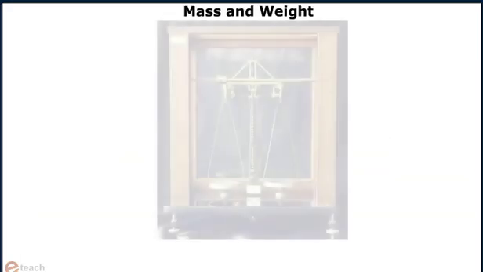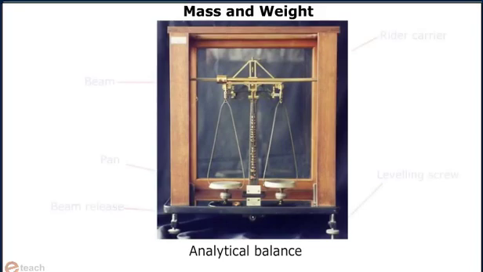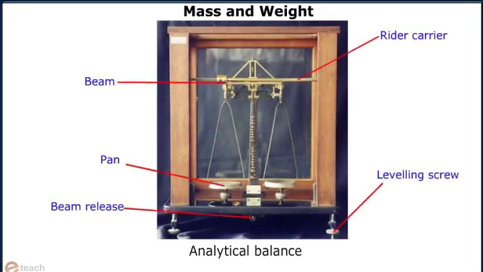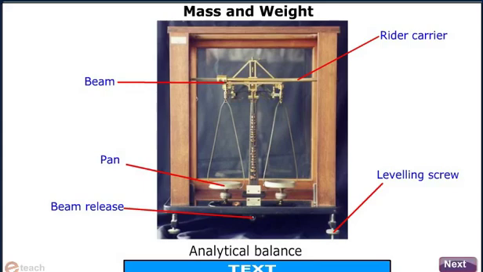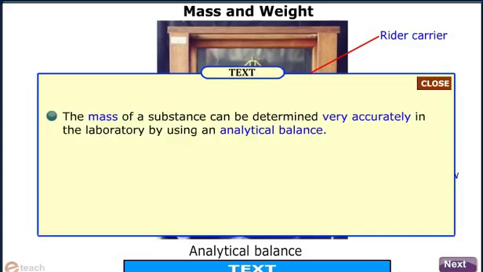Let us see the different parts of an analytical balance. It consists of beam, rider carrier, pan, leveling screw, and beam release. The mass of a substance can be determined very accurately in the laboratory by using an analytical balance.